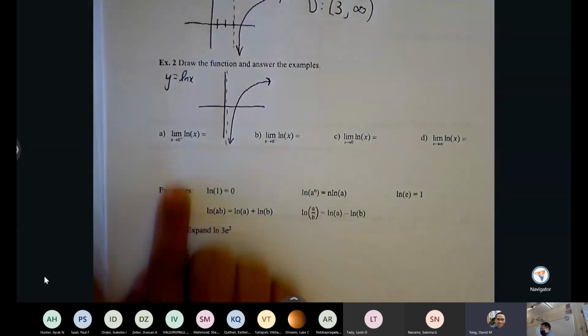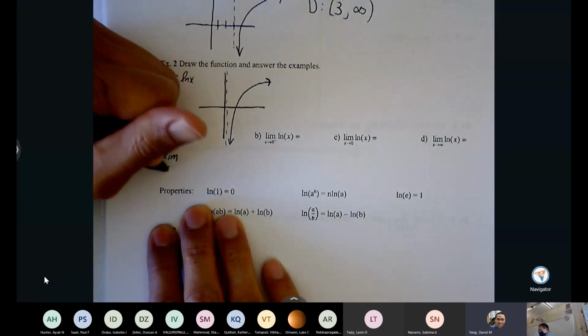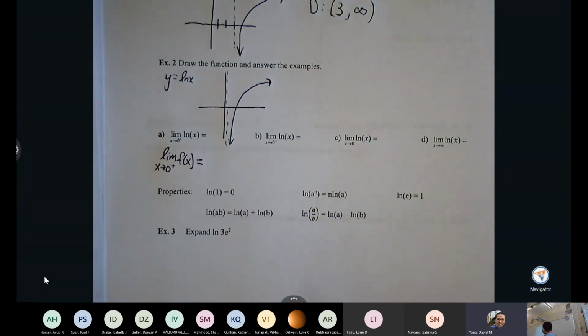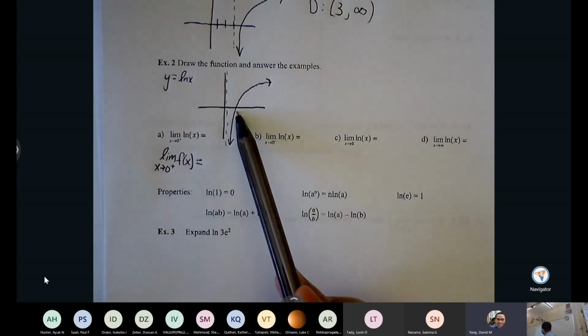So it says limit as x approaches 0 from the right side of 0. So if we're approaching 0 from the right side of 0, where's the y value headed towards? Negative. Negative, yeah.